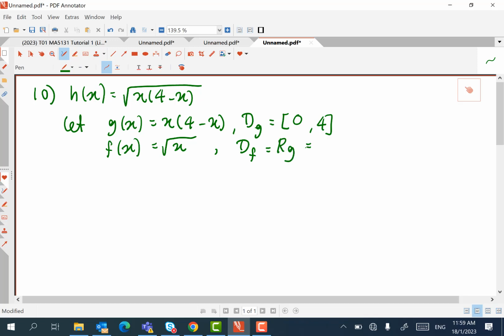We choose the domain of f to be exactly the same as the range of g. Can you tell me, in this case, what is the range of g?